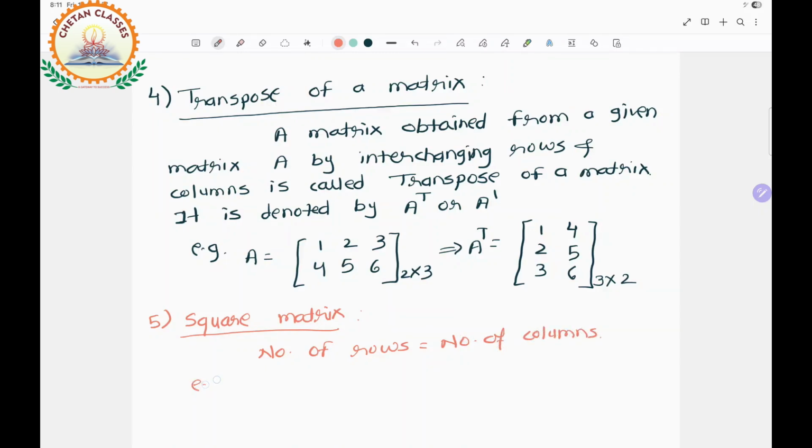For example, A is equal to 1, 2, 3, 4. So order of this matrix is 2 cross 2. Another example, A is equal to 1, 2, 3, 4, 5, 6, 7, 8, 9. So 3 rows, 3 columns, etc.